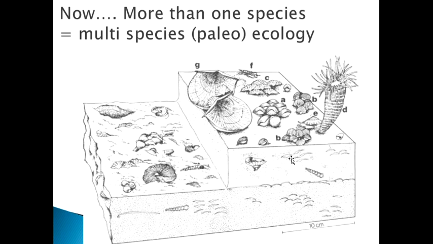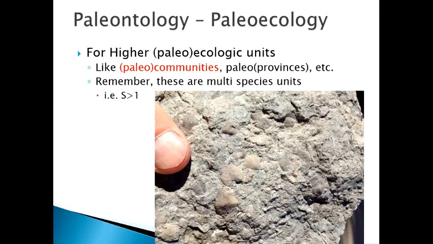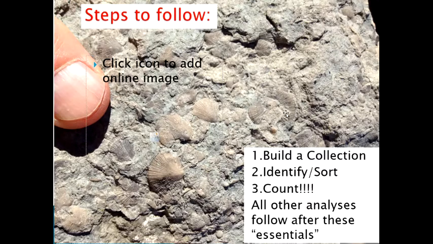Sometimes there is an implication or a stated requirement that there is interaction between these organisms, but that's not always necessary. To be a community, you can be just simply living in the same place as something else and not interacting with it whatsoever. So how do we start doing this?